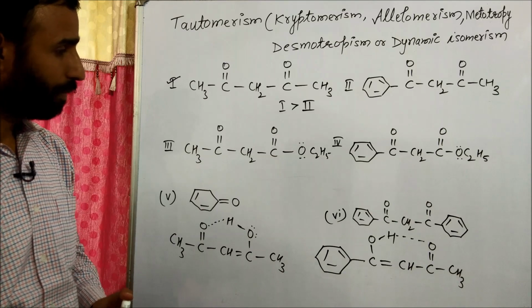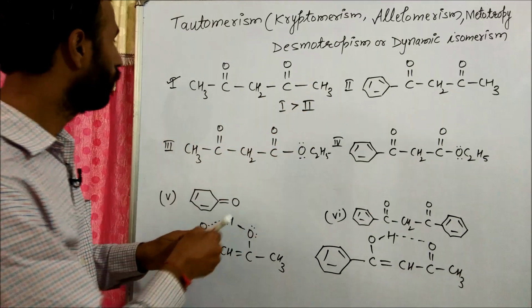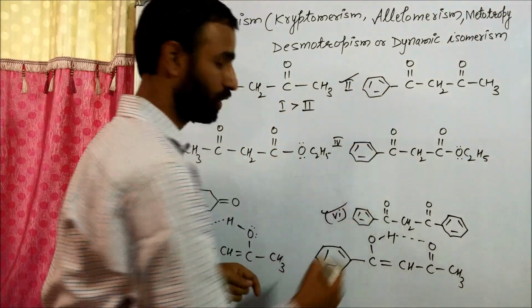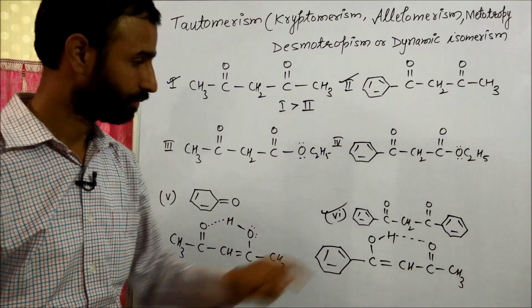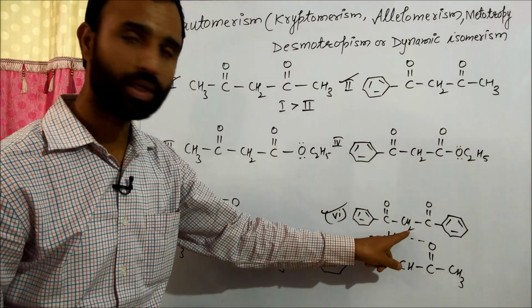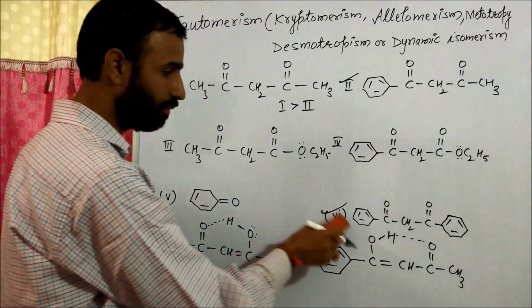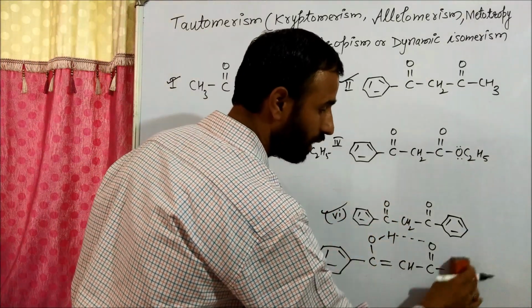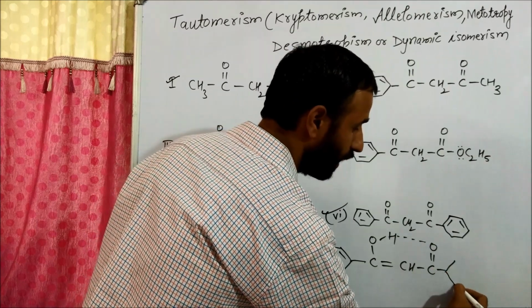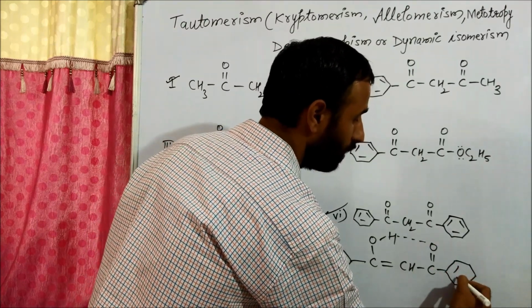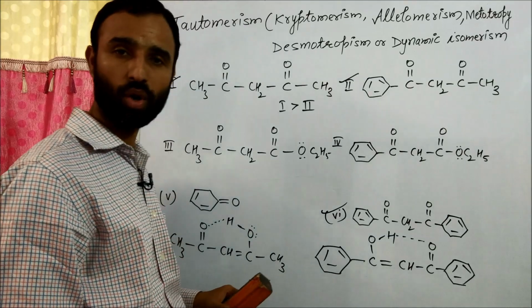And if we compare 1, 2 and then 6, it will increase more than this, because when we have 6th, this methyl group is also replaced by phenyl, so there is conjugation across the whole molecule.